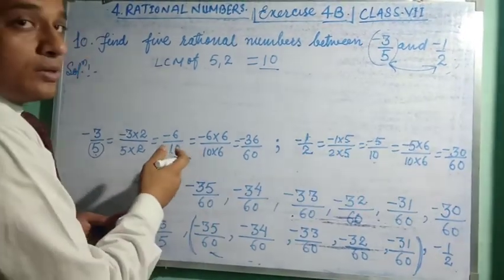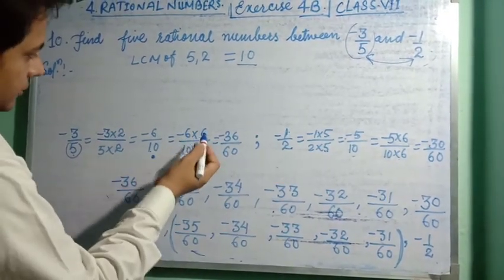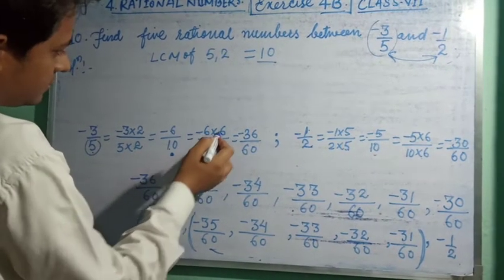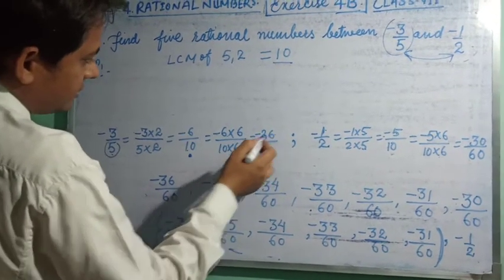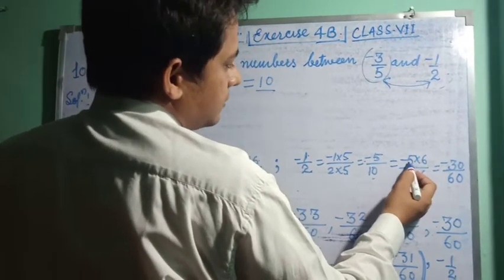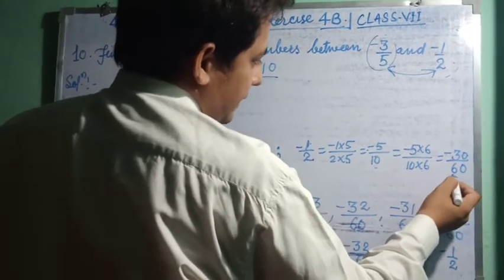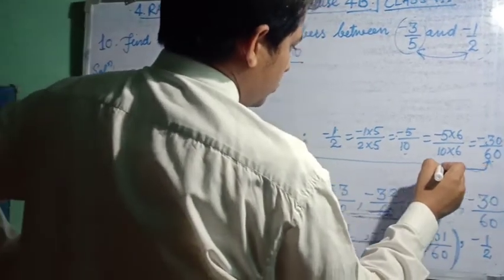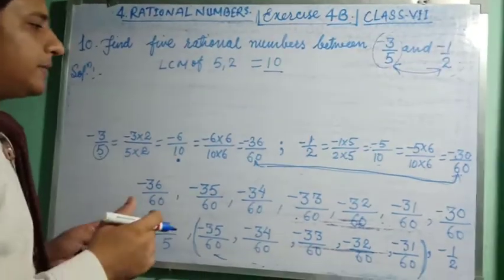So we multiply -6/10 by 6/6, which becomes -36/60. Similarly, we multiply -5/10 by 6/6, which becomes -30/60. Here the denominators should be equal.